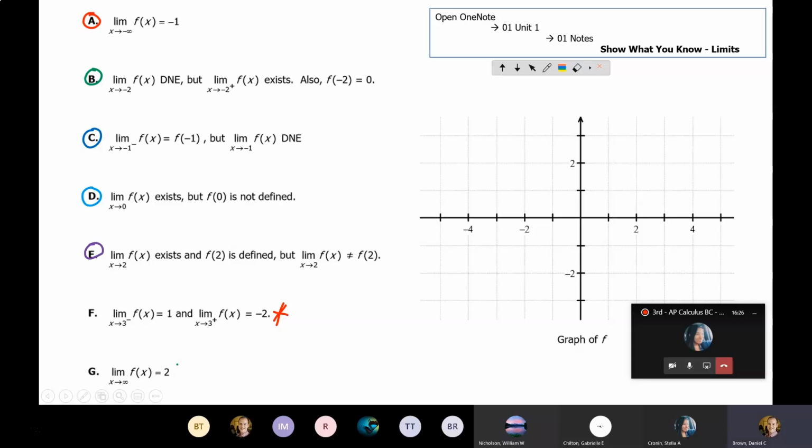And feel free to unmute your mic if you want to ask any questions while you're trying to draw a graph that matches those descriptions.